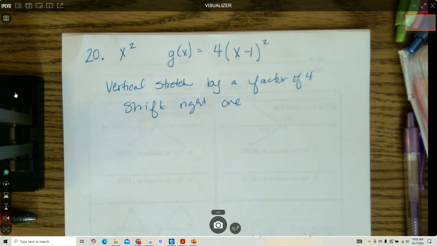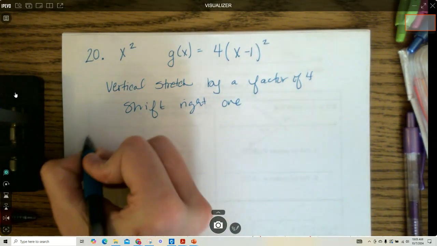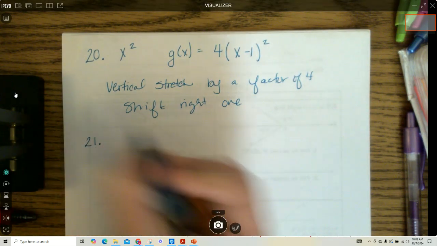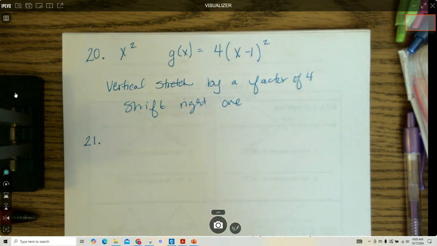Anybody else have one on 20 they need help with? Okay, 21. They let us have fun with the square root. Yeah, on 24.